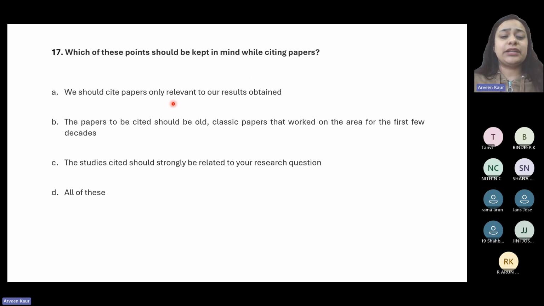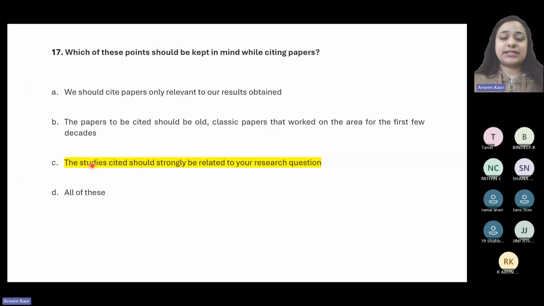We should cite papers only relevant to our results obtained, or the papers cited should be old classic papers that worked on the area for the first few decades, or the studies cited should strongly be related to your research question, or all of these. Okay. So, the correct answer is C.